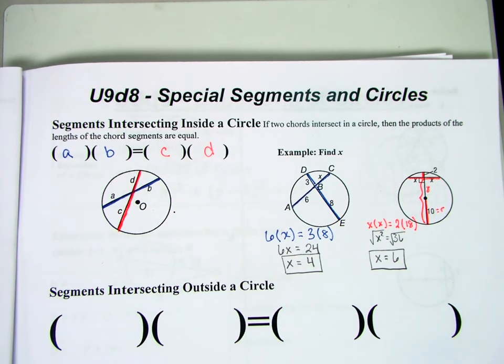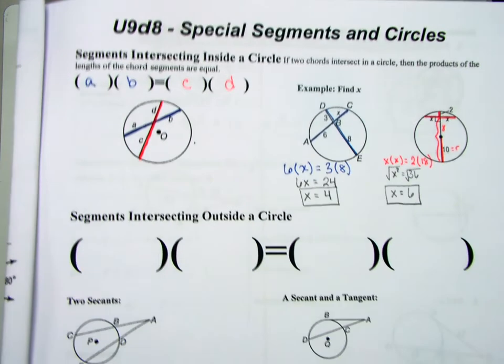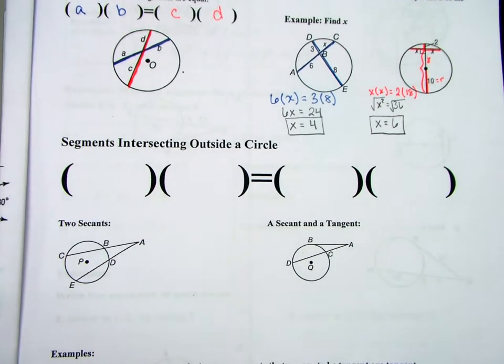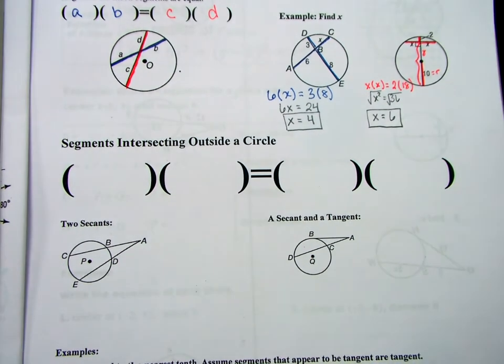When we have segments that extend, so either tangents or secants, and they intersect outside a circle, there's going to be a formula you're going to be given. Okay? The formula, when you first see it, is not going to make any sense at all. And then when you apply it a couple times, you're going to say, okay, I get it.